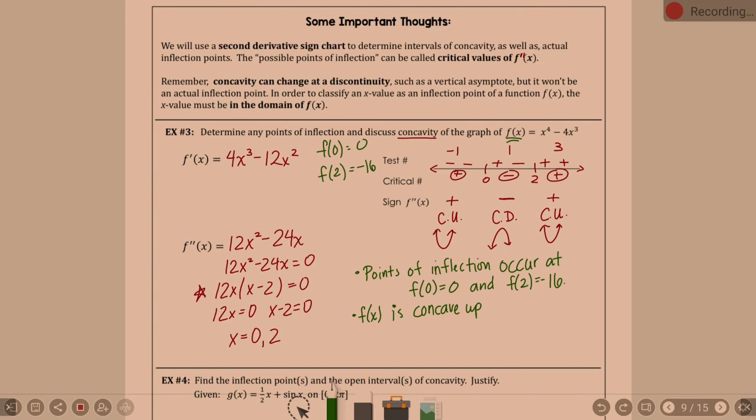Negative infinity to 0, and 2 to infinity. The second derivative is greater than 0, because the second derivative is positive, aka greater than 0. Okay?